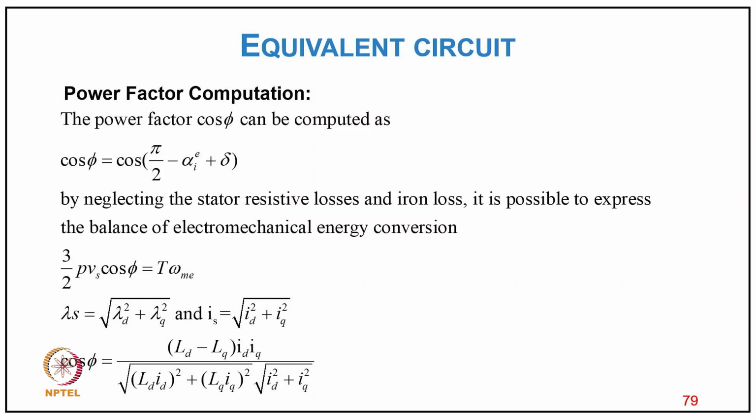I is equal to under root ID square plus IQ square, cos phi equal to LD minus LQ into ID IQ divided by under root LD ID square plus LQ IQ square multiplied by under root ID square plus IQ square.